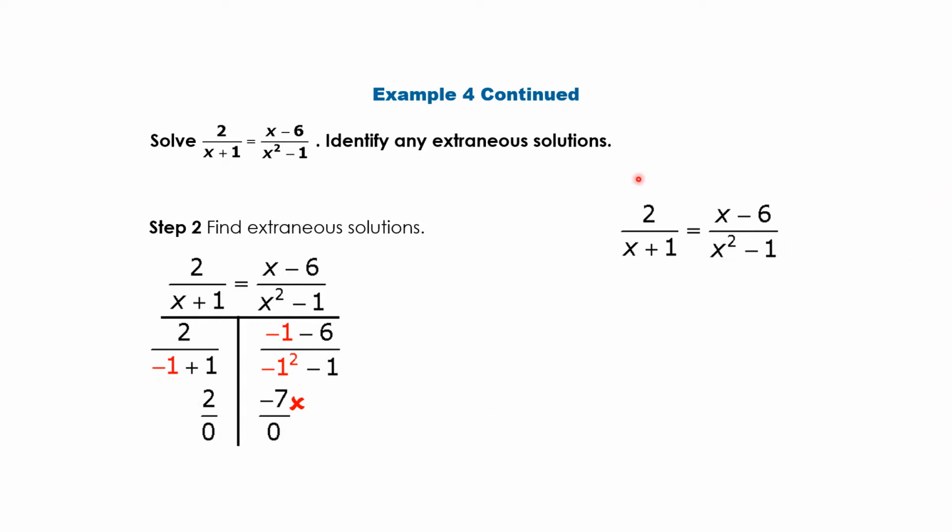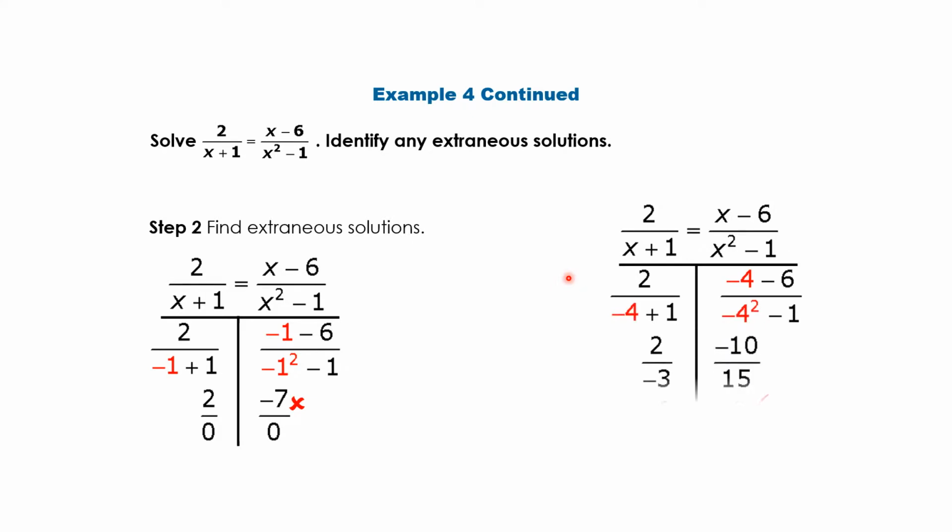What about on this portion? What if we substitute the other number? Okay, let's substitute the negative 4. And in this case, the left side is equal to the right side.